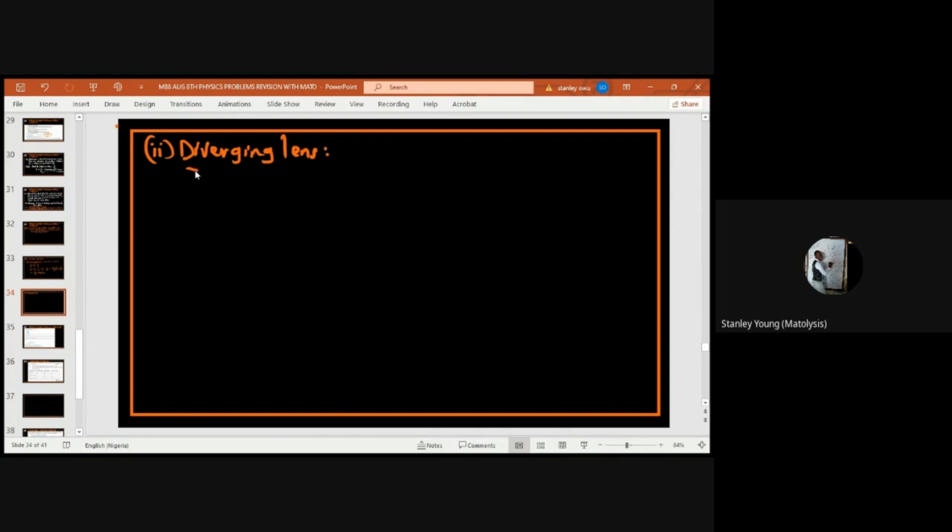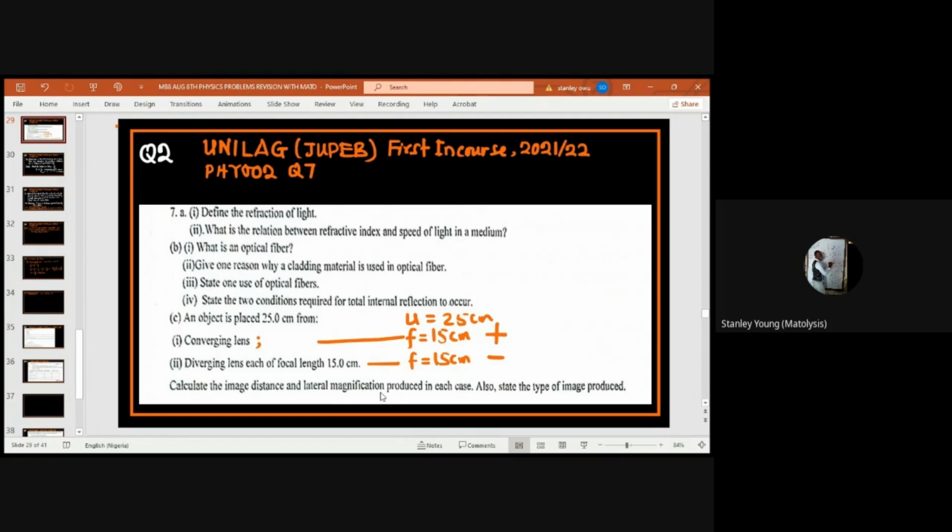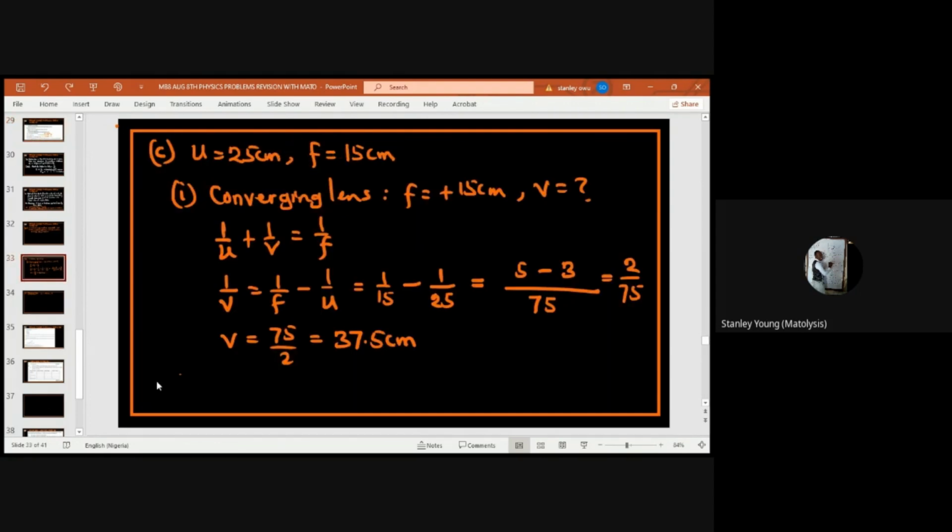So for a diverging lens, our f is going to be negative, so that's minus 15 centimeter. We still need the v. Going back to the question, I just remember the question asked for not just the image distance, it still asks for the lateral magnification. So let me just quickly do that for the other.